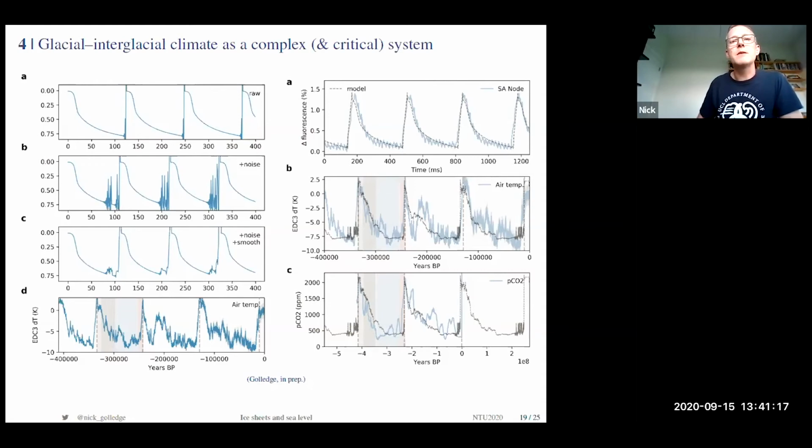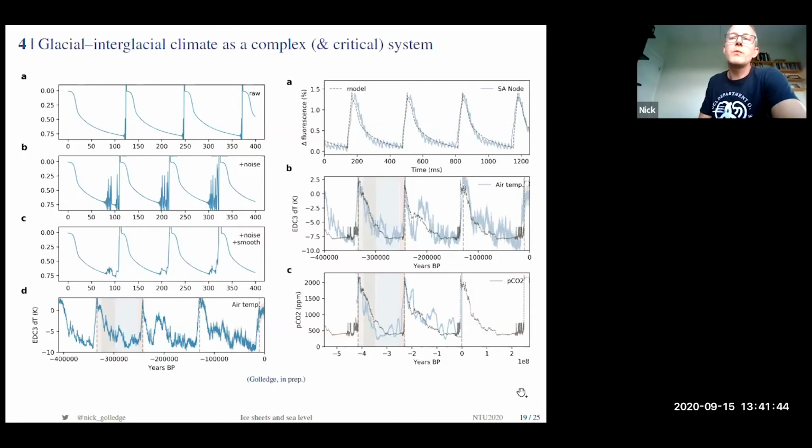And you can see that the shape of that curve is very similar to that proxy record at the bottom left there, which is from an Antarctic ice core for the last 400,000 years, telling you about global temperature through time. We can see the same peak, the rapid drop, the gradual approach to a minimum, and then this rapid rebound.